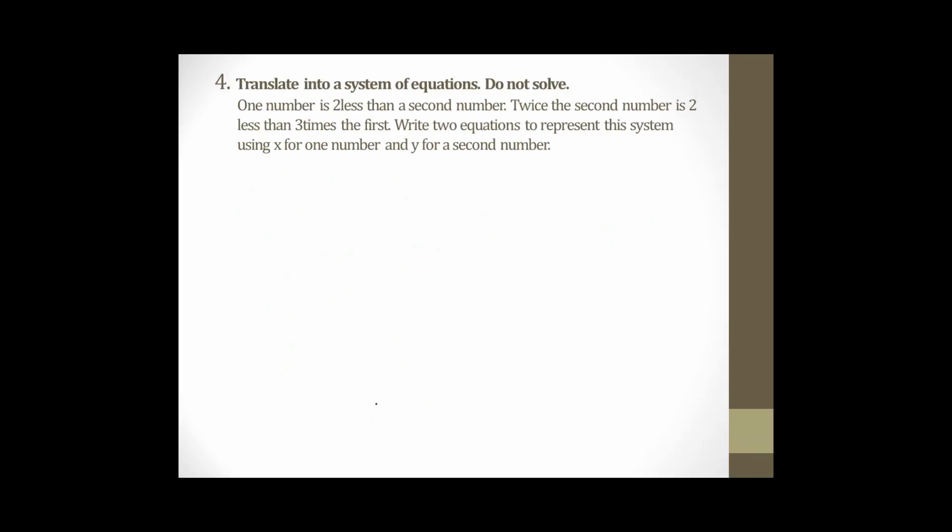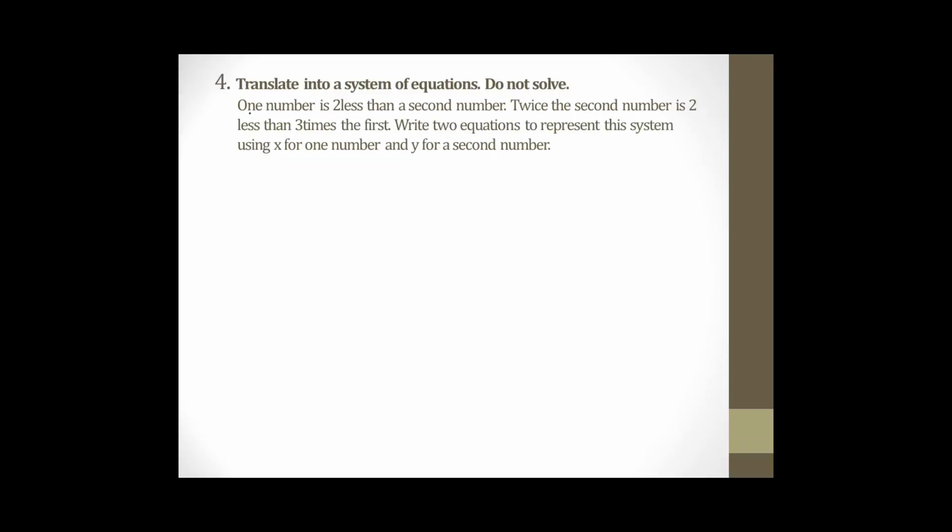Question number 4. We are supposed to translate the system of equations, but we are not supposed to solve it. So it says one number is 2 less than the second number, and twice the second number is 2 less than 3 times the first. Write two equations to represent the system using x for one number and y for the second number. Okay, so again, just starting with the first sentence, let's see what information we have.